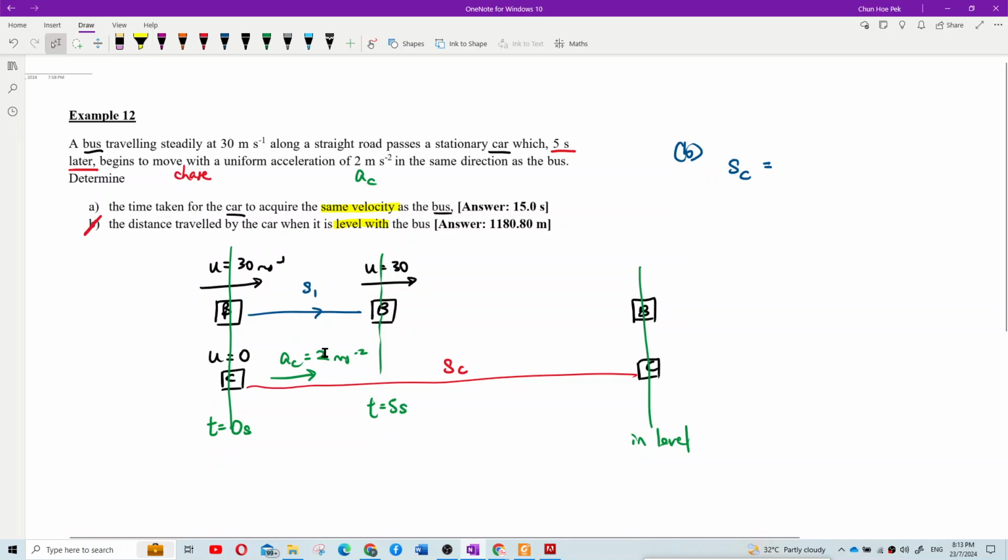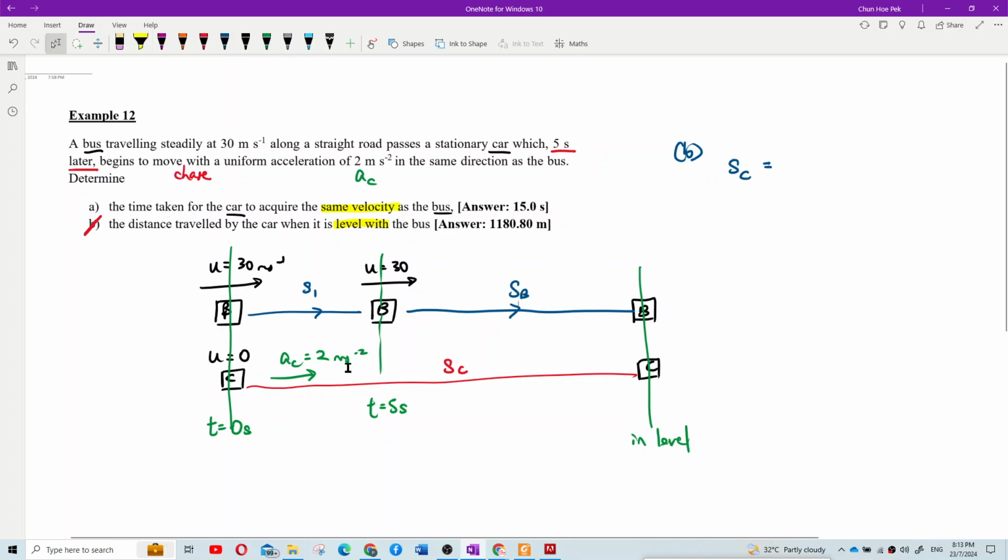So the bus has already traveled a certain distance to the front, let's say displacement S1. So the car has to travel a longer distance. Put this one as displacement SB.